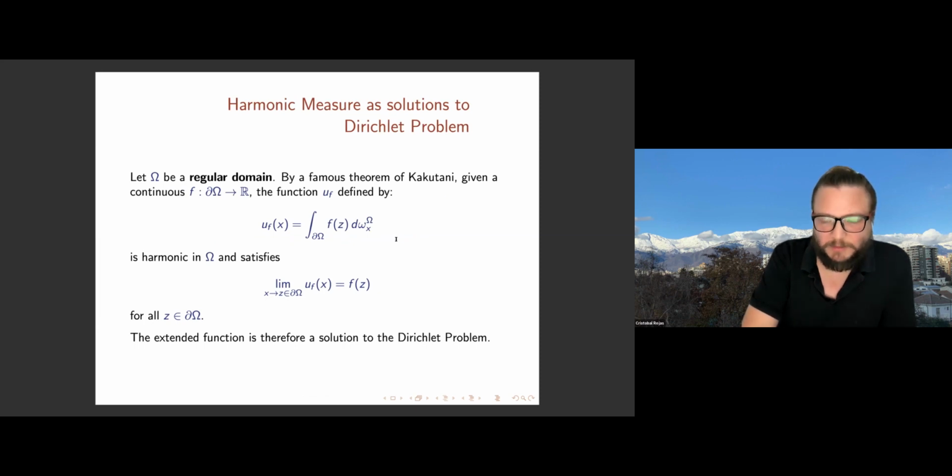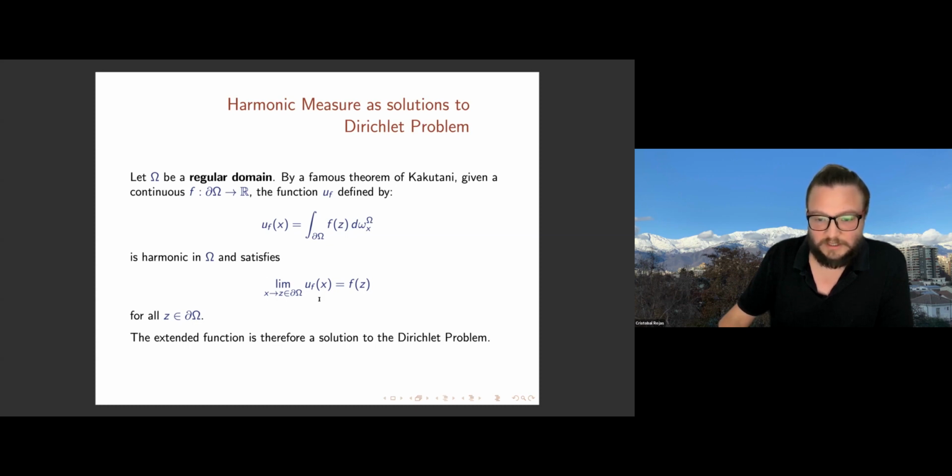So with this setting, if we have a regular domain, then the connection between harmonic measure and the Dirichlet problem is given by a theorem of Kakutani, which says that if we have a continuous function F on the boundary and define the function UF at a given point inside as the average value of the boundary condition with respect to harmonic measure at that point, then this function is actually harmonic inside and converges to F at the boundary.